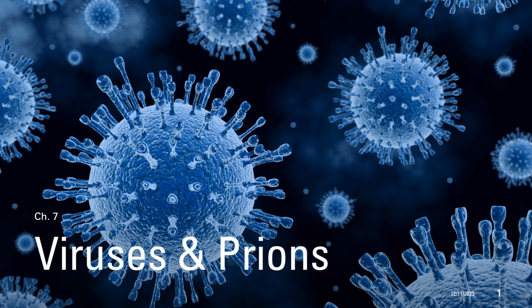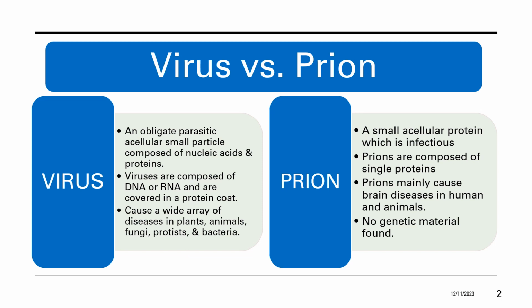For my next chapter, I chose to do Chapter 7, Viruses and Prions. So first we'll distinguish a little bit between a virus and a prion. A virus is an obligate parasitic acellular small particle that is composed of nucleic acids and proteins.